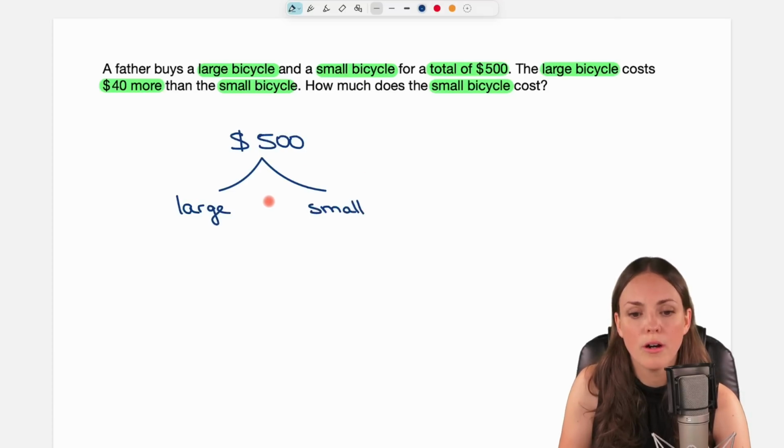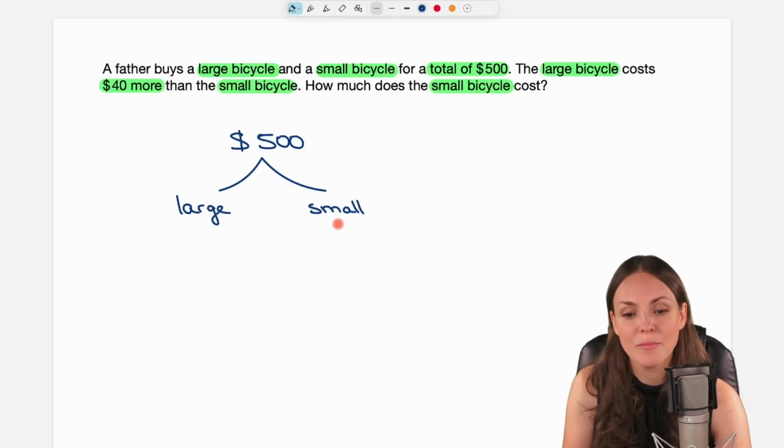And the difficult part about this problem is that they tell us that the large bicycle costs $40 more than the small one. This problem would be way easier if they told us that both bicycles would cost the same.